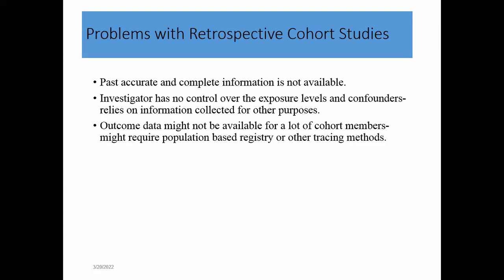You rely mainly on the history that was collected by someone else, not you. Outcome data might not be available for a lot of cohort members, and might require a population-based registry or other tracing methods. Some people don't keep data, and it has been lost.